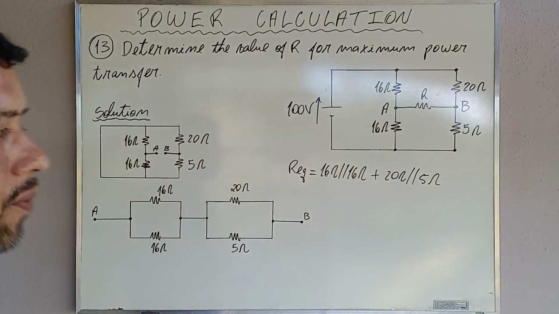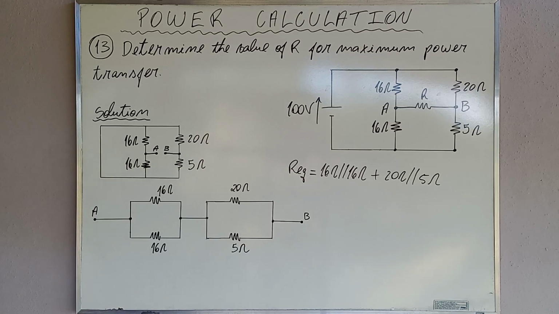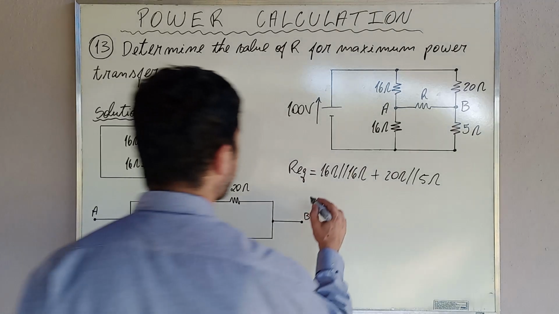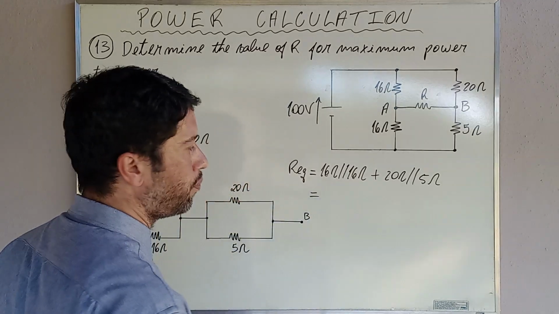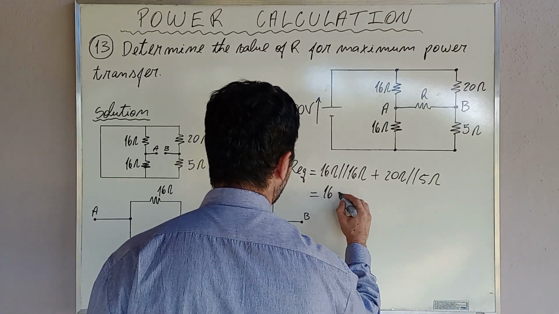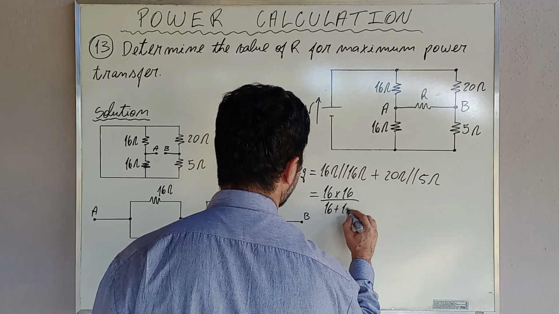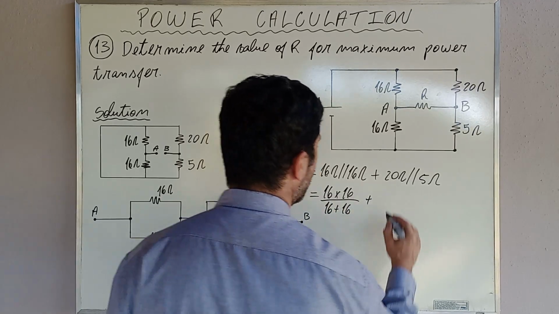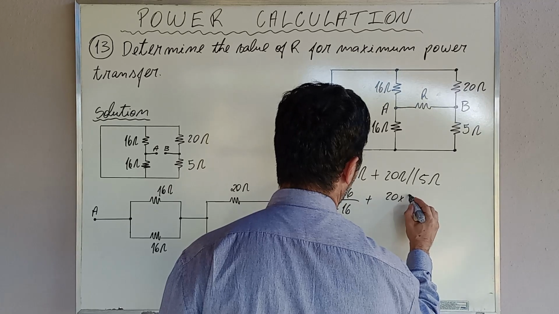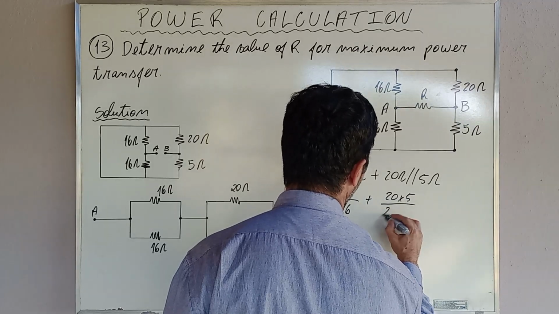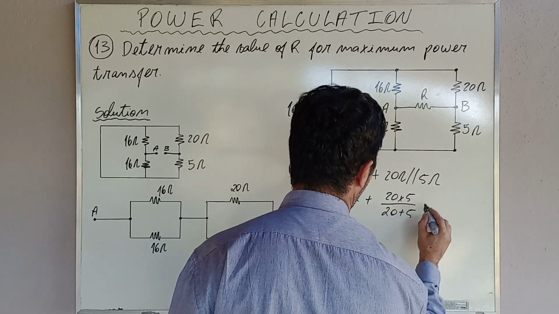And the rule of thumb that we use in computing the parallel combination of two resistances is the product over the sum. Thus, it will be 16 lots of 16 divided by 16 plus 16 plus 20 lots of 5 divided by 20 plus 5.